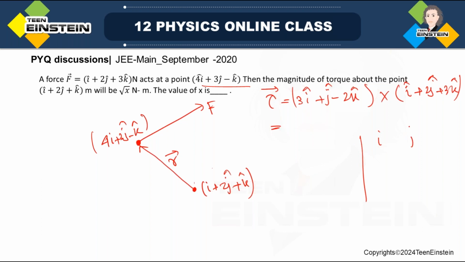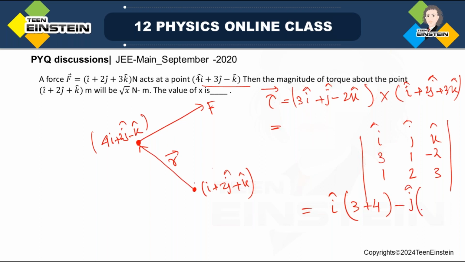So i j k, do it with this determinant method so that you will get this easily. i cap is 3 plus 4, minus j cap 9 plus 2, and then plus k cap, which is 6 minus 1.